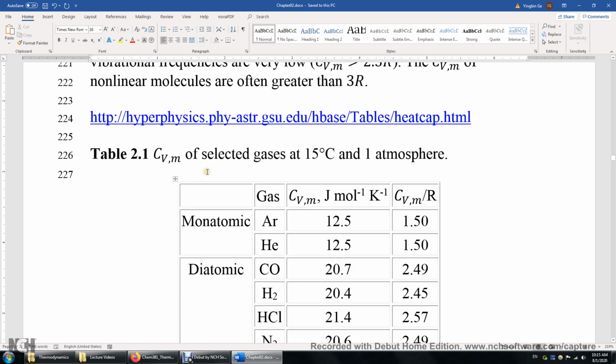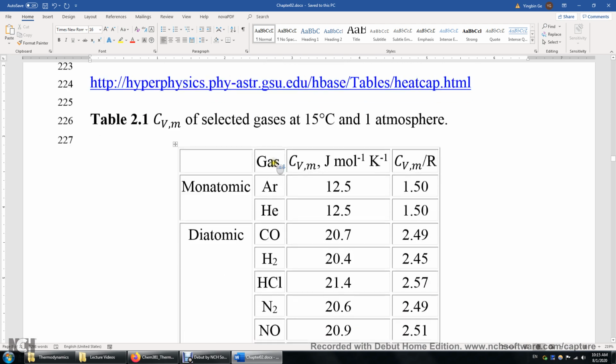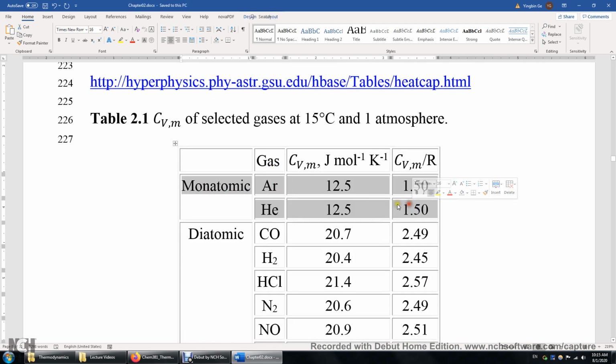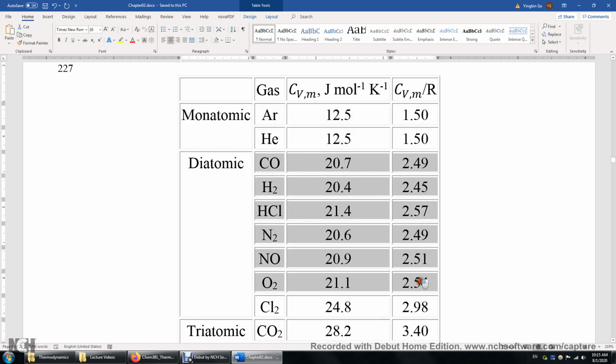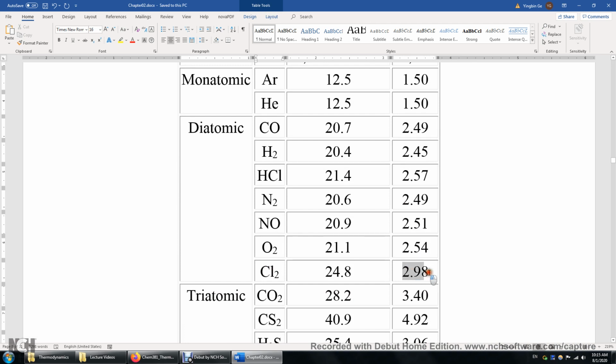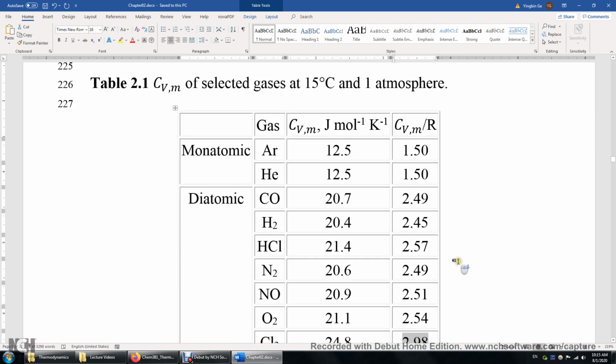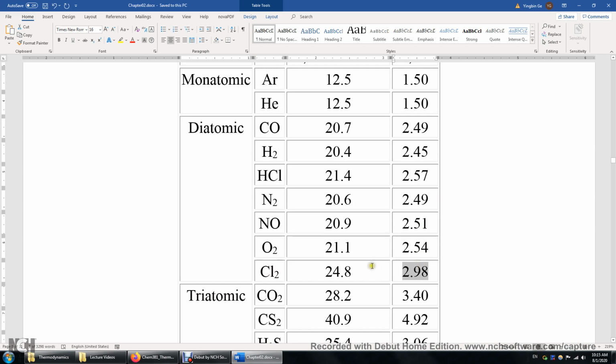Now you've got a table of the CVM of different gases. You can see monatomic, it's just 1.5 R. Diatomic is roughly 2.5 R, except for chlorine. Chlorine, this one is bigger than 2.5 R. Again, this column is CVM over R, so it's nearly 3 R. Why is that?